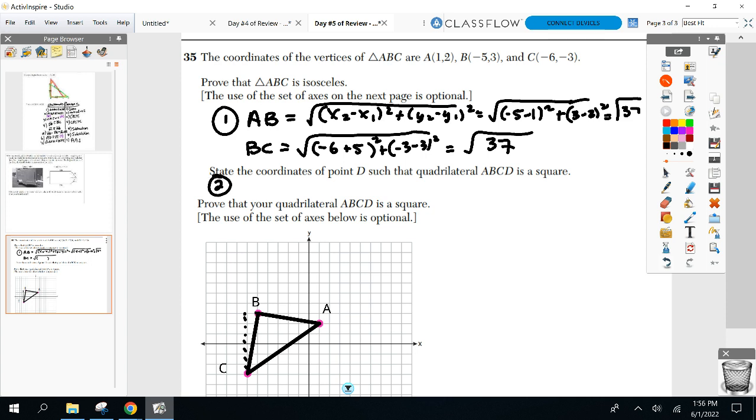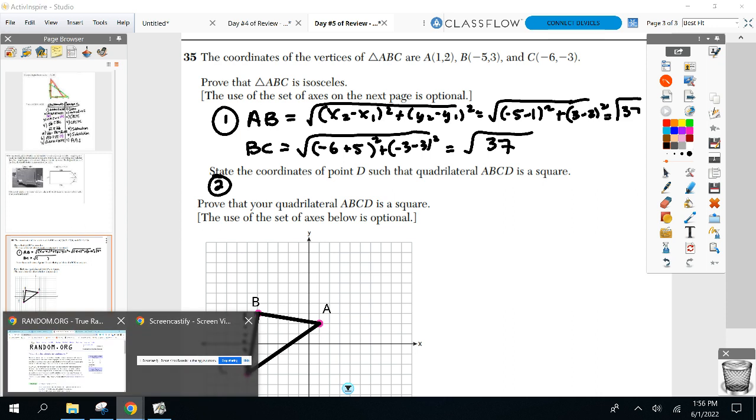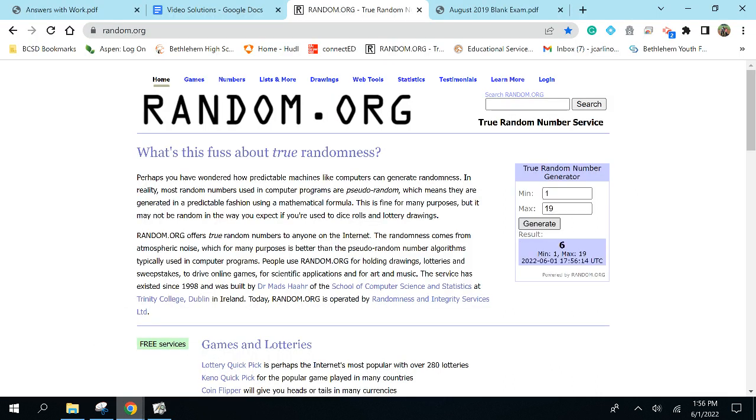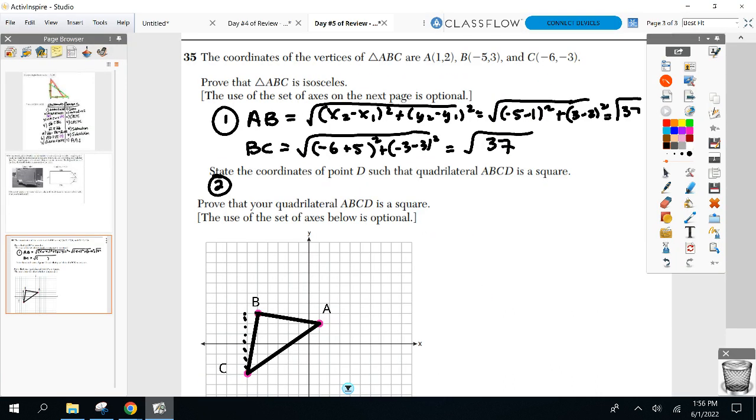What did we just find? You show me the formula you used. Now you show me what you learned from it. What did we just learn by showing radical 37s for both? AB congruent to BC because distances are equal.